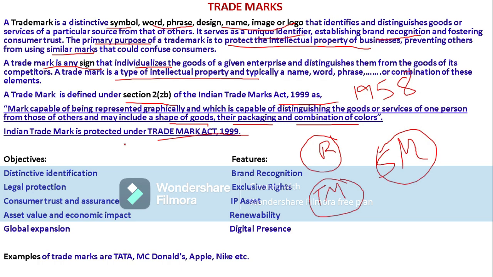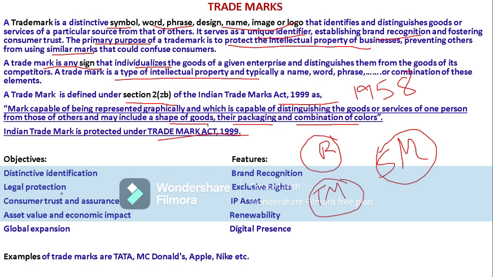So what are the objectives? Before the objectives, as I said, the need is to protect the brand reputation and identify the brand; trademarks are very important and play an important role. Their importance has also grown substantially.